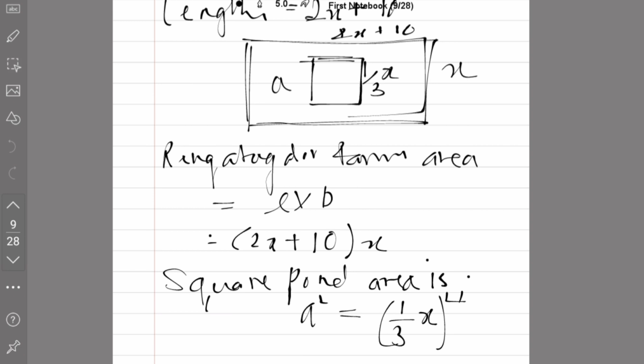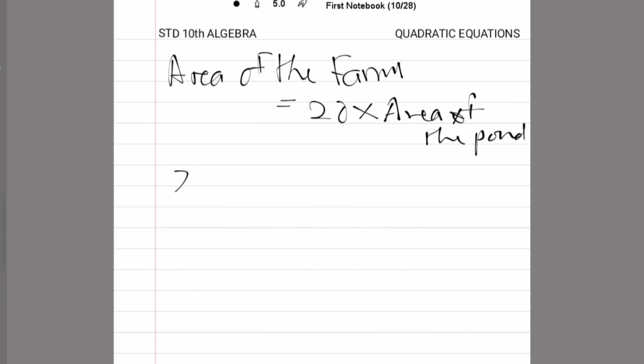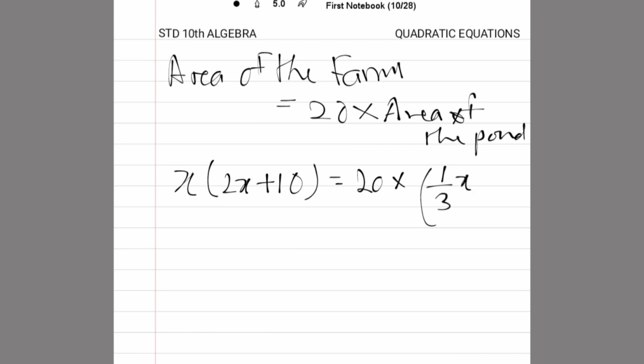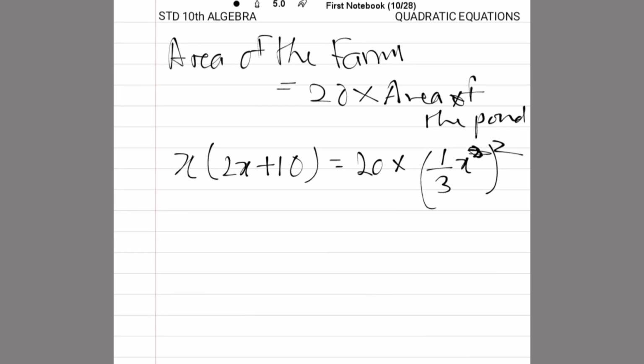So area of the farm is x into 2x plus 10, and area of the pond is 1 by 3 x, sorry, this thing is whole square, so this will become 1 by 3 x into whole square.